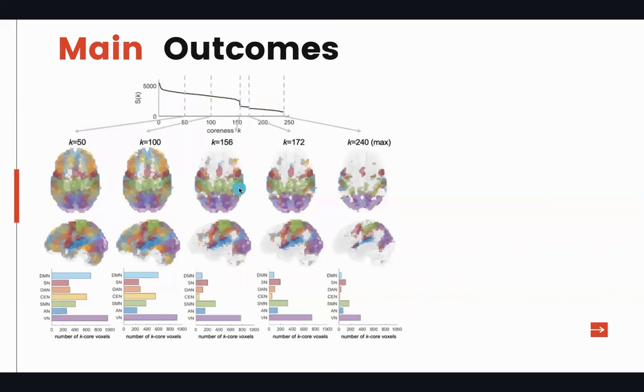And the main outcomes also make the spatial pattern of the disease of the brain voxel with K50 until the K240, the maximum. So you can see there are different types of spatial brain patterns, with the DMN as the best feature to predict the disease in the brain.